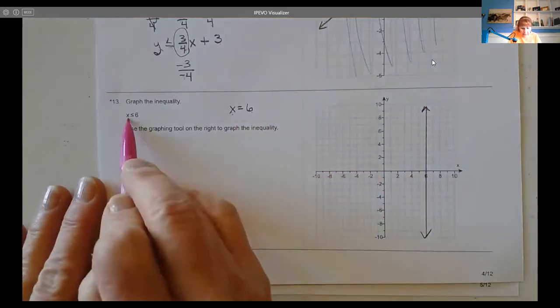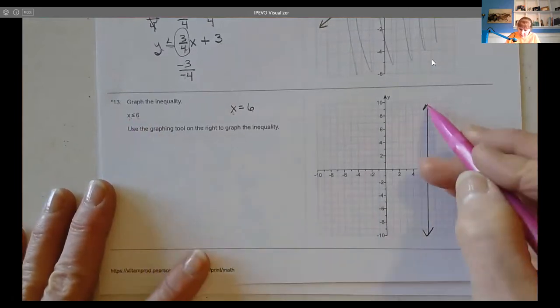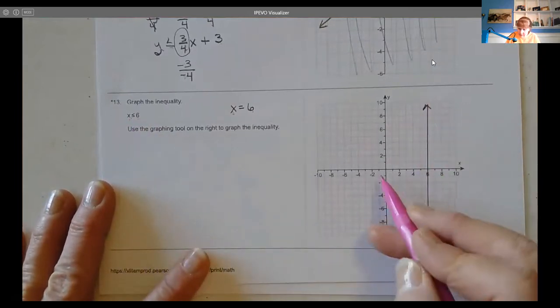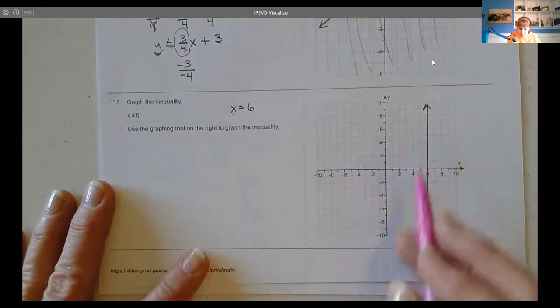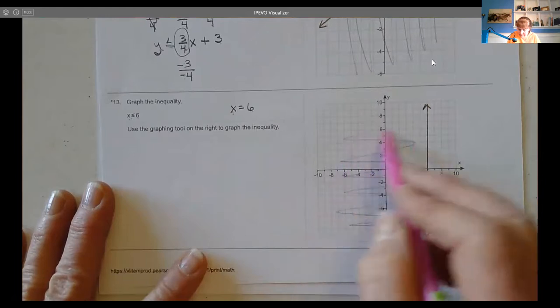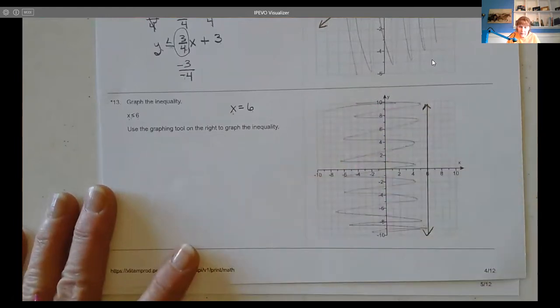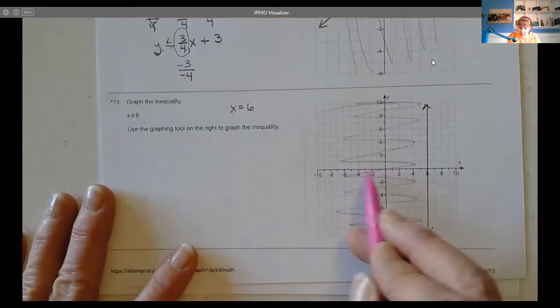All right. But x's that are less than 6 will also work. Not just the ones on the line will work. This would be like 6-1, 6-2, 6-3. Any point over here where the x's are less than 6 will also work.